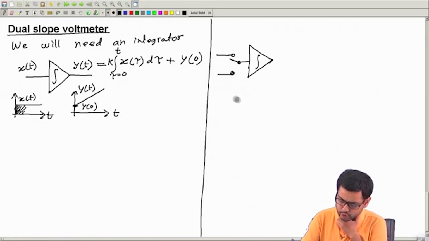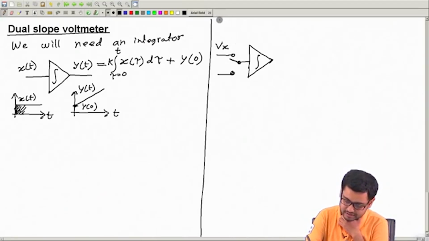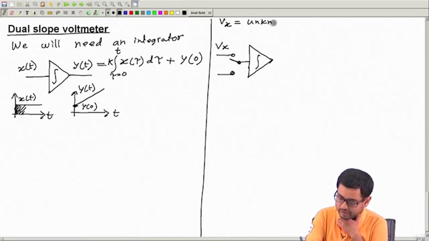Then what I will do. Now, these two inputs, one of them is unknown. Let me write V x, where V x is the unknown voltage to be measured.